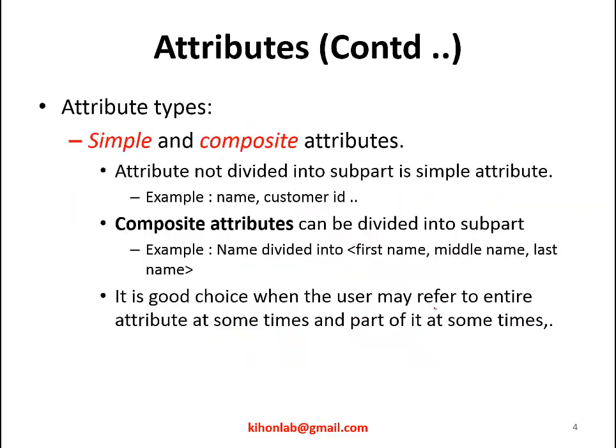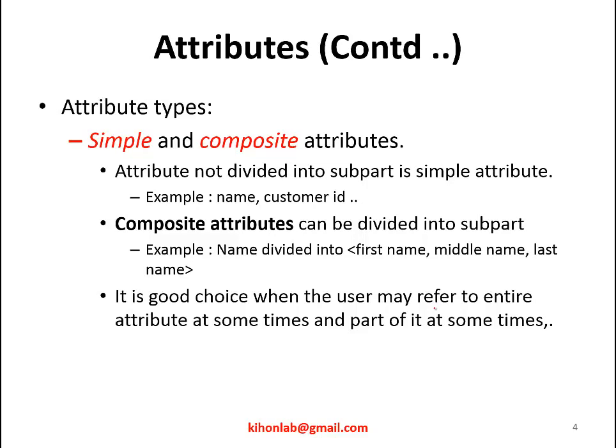Now, there are two types of attributes: simple and composite. A simple attribute cannot be subdivided into subparts. Examples are the account number of a customer with respect to a bank, the roll number of a student, the enrollment number of a student, or the university ID of a student.